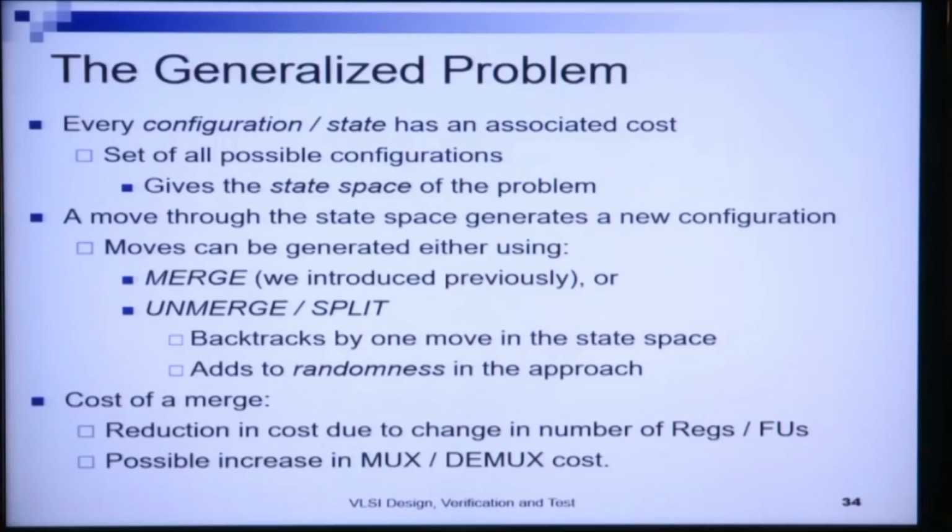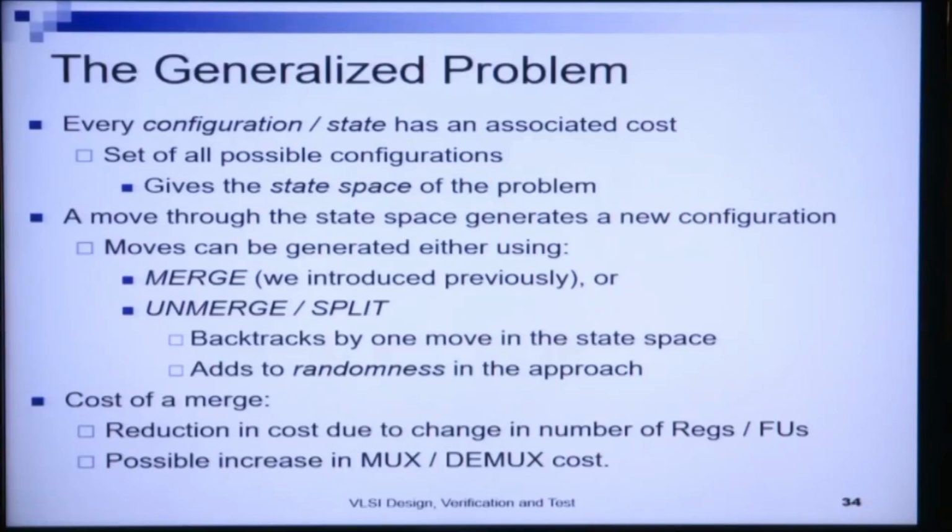Right? The set of all possible configurations gives the state space of the problem. Now, the different possible types of mergings that we can do on this conflict graph give me the different possible choices that I have and give the total state space of the problem.